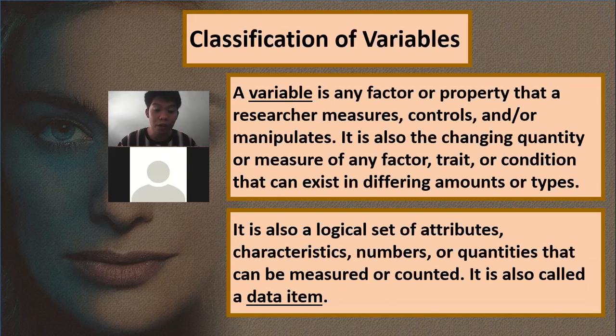It is also called a data item, since variables are like containers of data, meaning they contain the information that you need in order to analyze the topic or the area that you want to conduct research on.